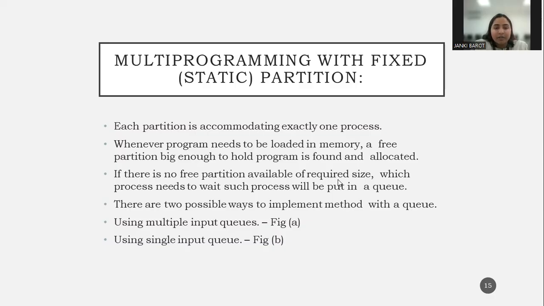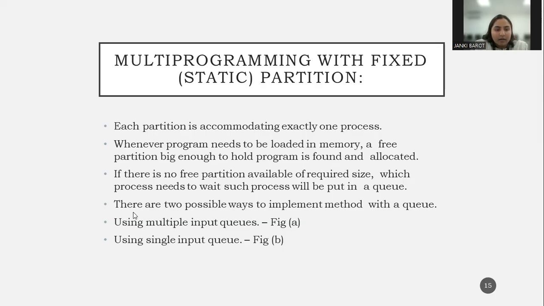There may be free partitions, but they are not able to accommodate that process. That process needs to wait in a queue, because the size it requires won't be available in a partition, right?